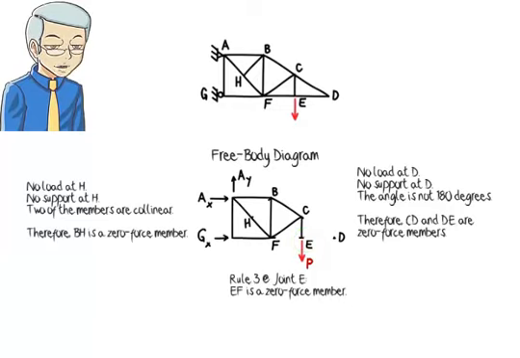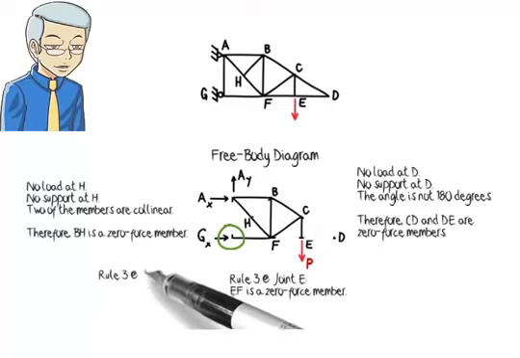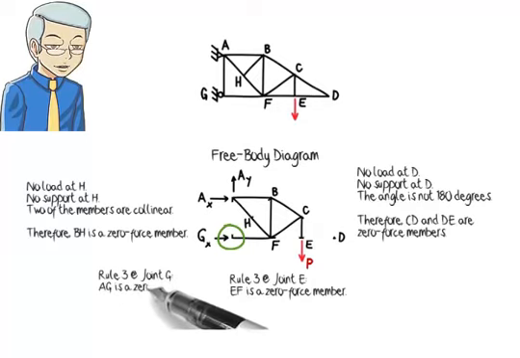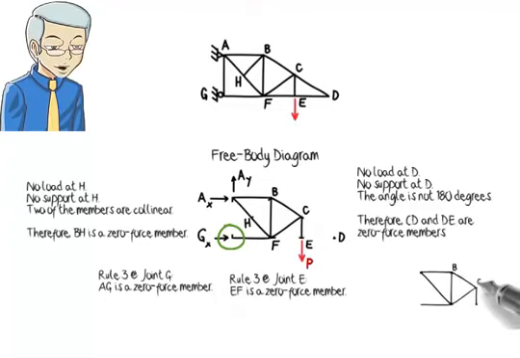Similarly, if we assume Gx is the force in an axial member horizontally attached to joint G, then according to Rule 3, AG is a zero-force member. To determine the force in each of the remaining members, the simplified truss can be analysed using the method of joints.